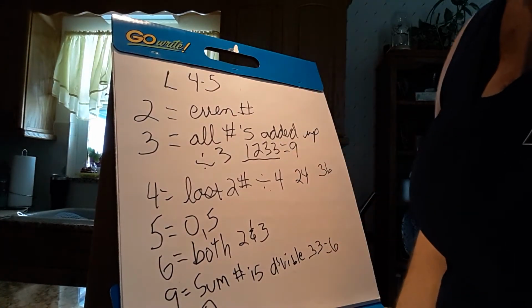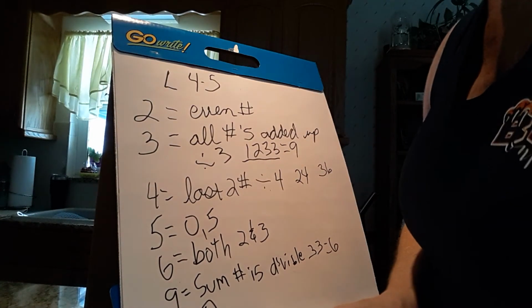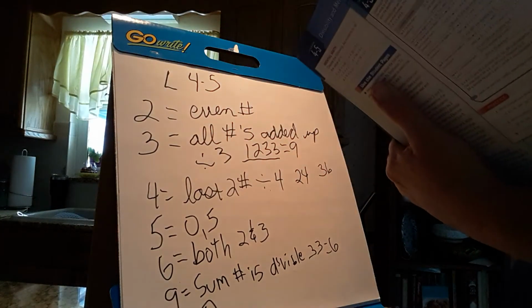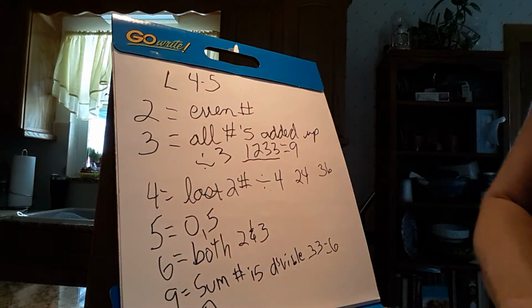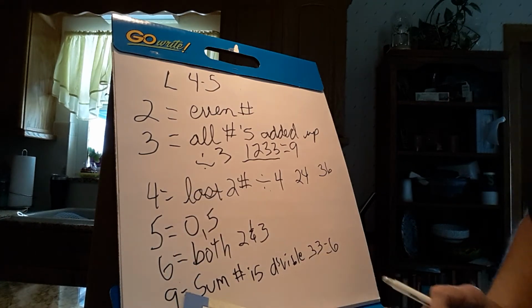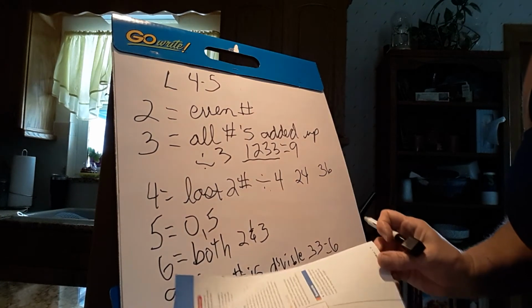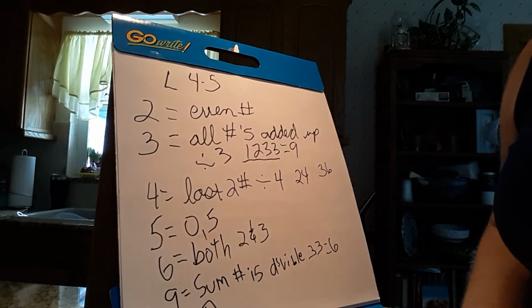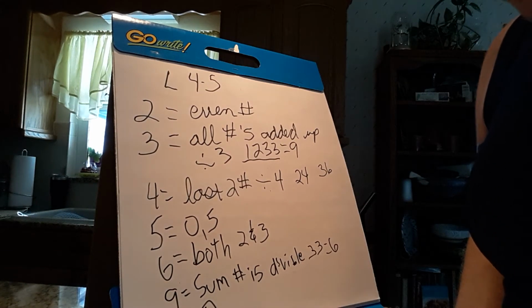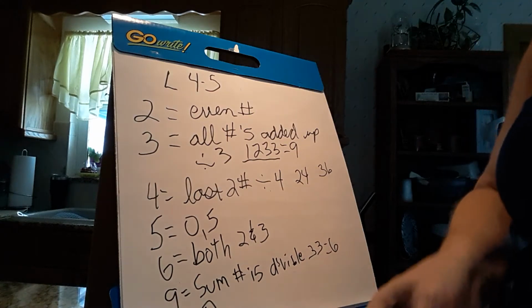If you go to your, on your workbook, if I can find it here. I always get confused on what you guys can see. I think it's on your page.